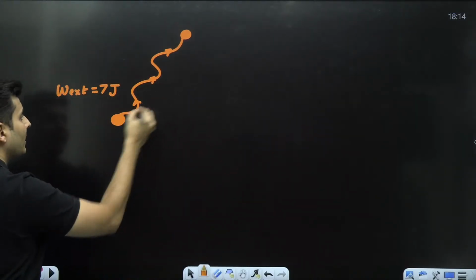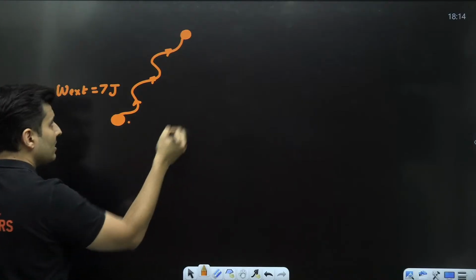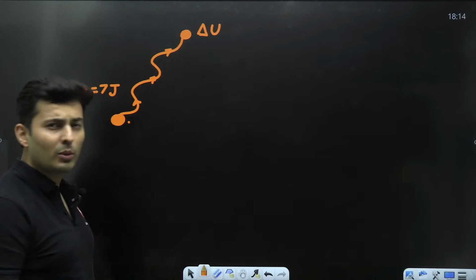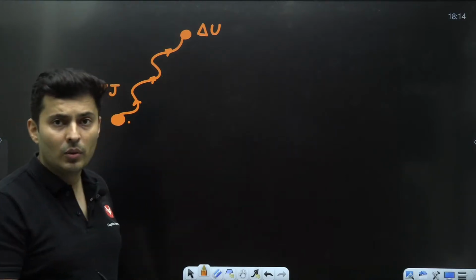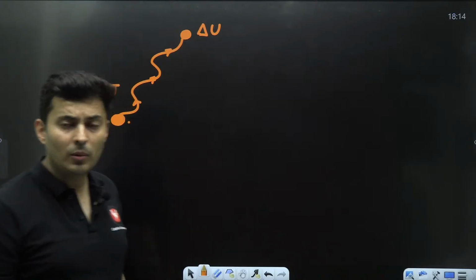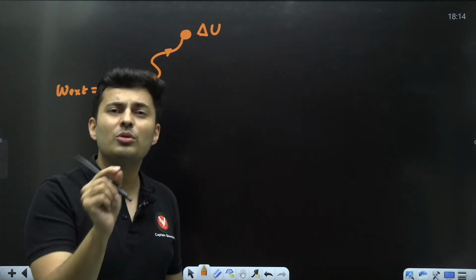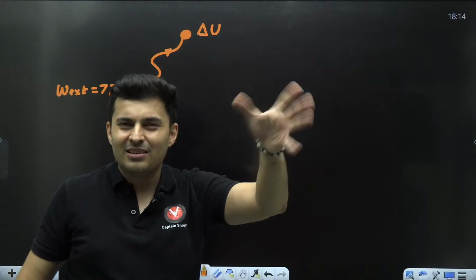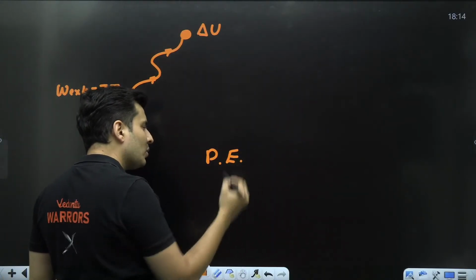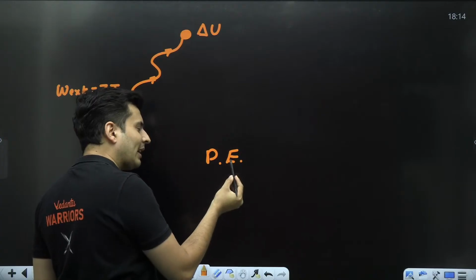So I will say that as compared to this, there is an extra potential energy. Generally, the symbol for potential energy is capital U, okay? In school days, you used to use PE. PE doesn't look good because if I write PE, people might get confused. Is it dipole moment into electric field?